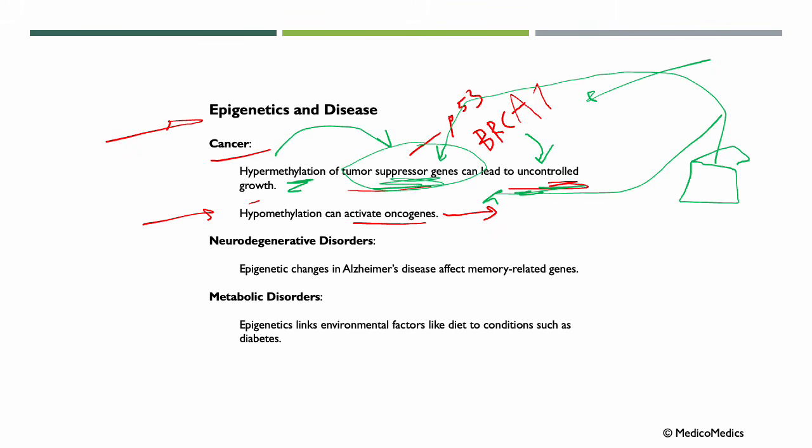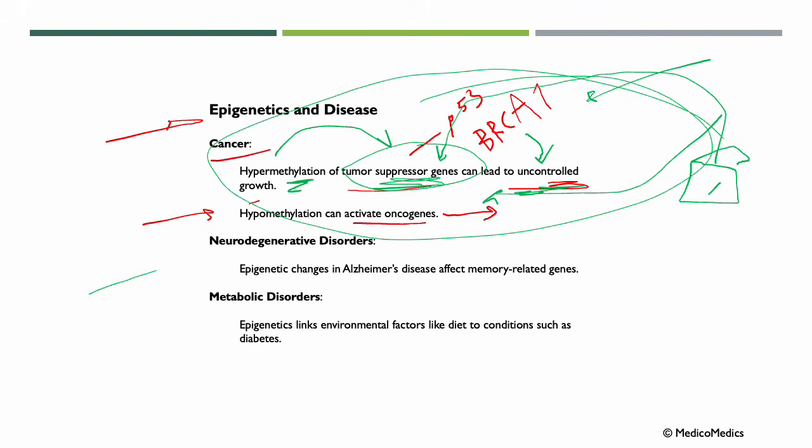So targeted epigenetic drugs can selectively modify methylation patterns to restore normal gene function. And by correcting epigenetic dysregulation, these therapies can slow tumor growth, enhance immune responses, and improve treatment outcomes. So this is offering us a very promising strategy when dealing with cancer. And we also have, for example, neurodegenerative disorders.